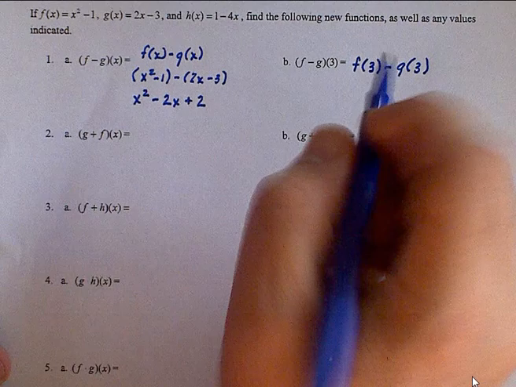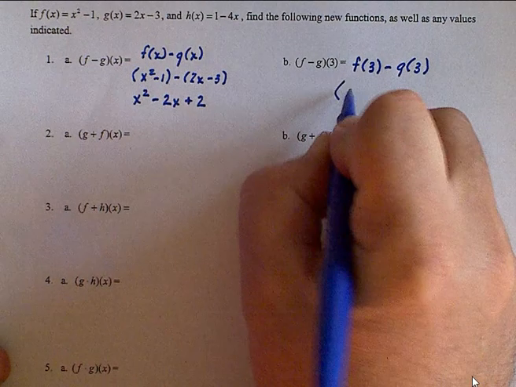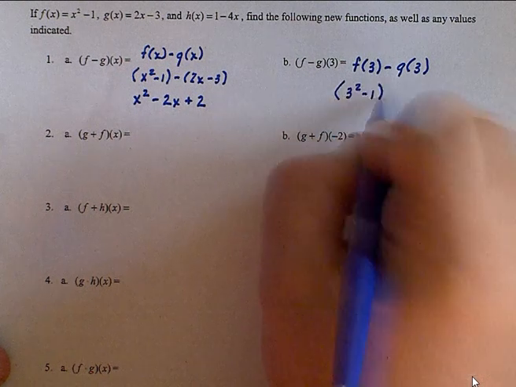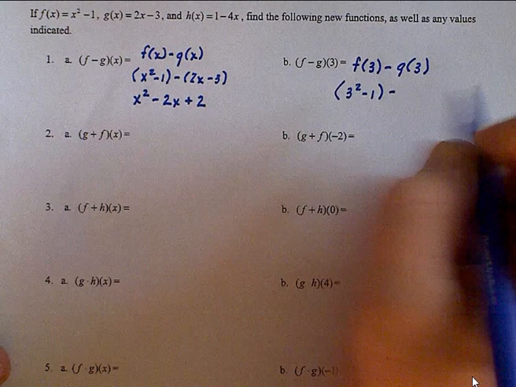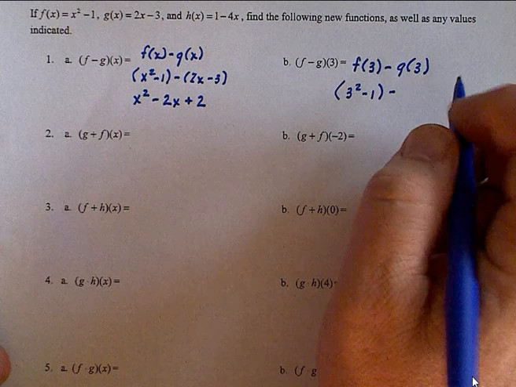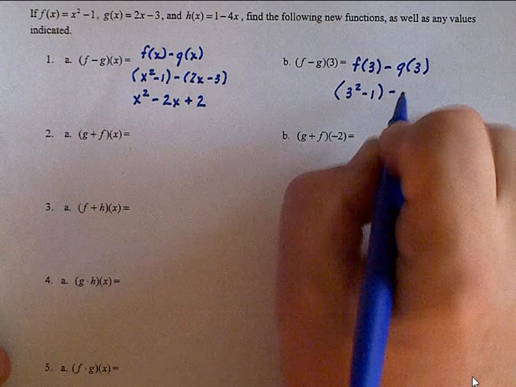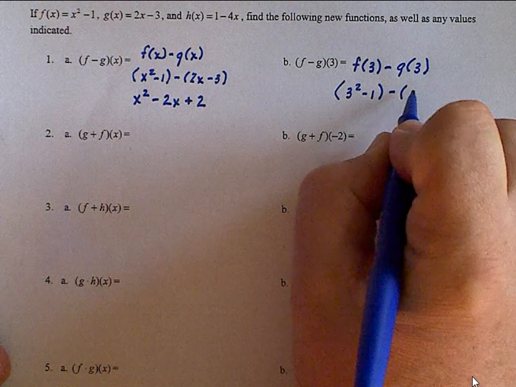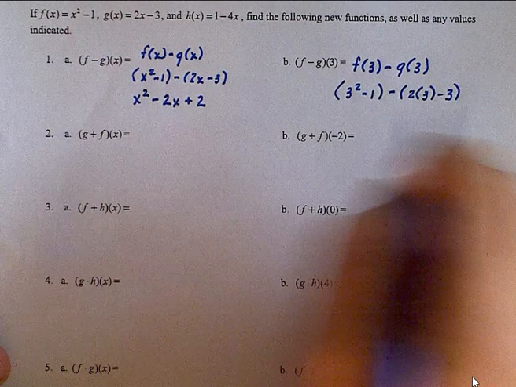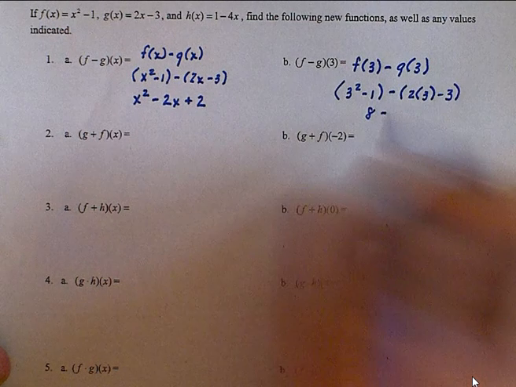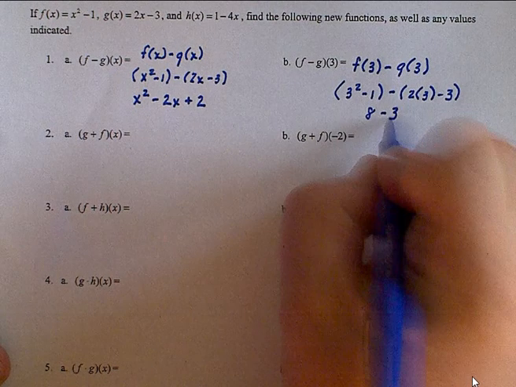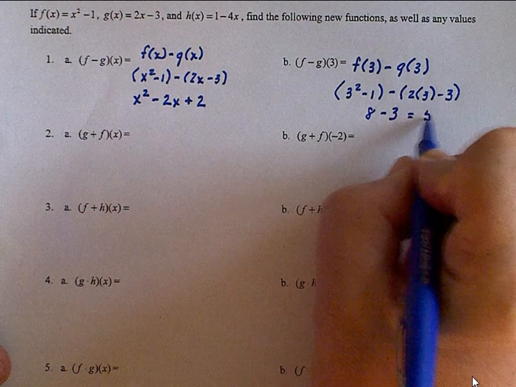When I take the function x squared minus 1, this becomes 3 squared minus 1, and minus, plugging the number 3 into g, 2x minus 3 becomes 6 minus 3. So this is 8. This is 3. And 8 minus 3 is 5.